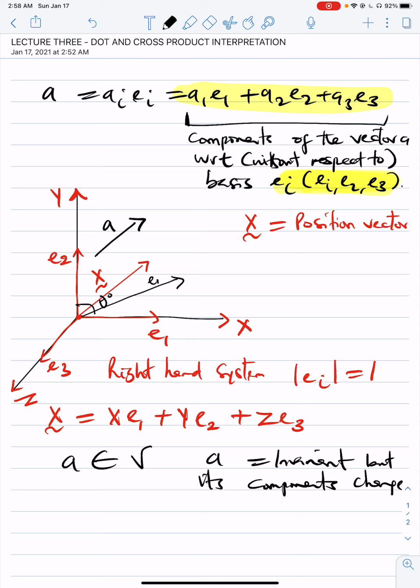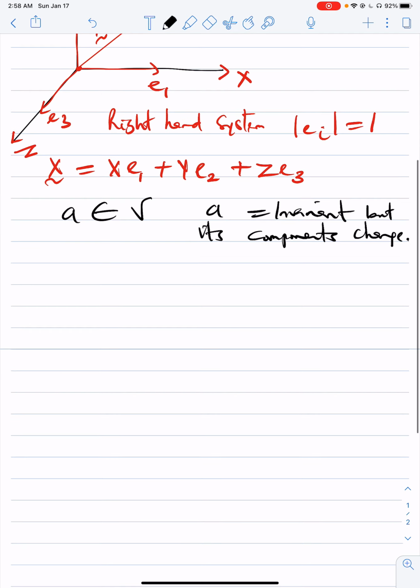At that point, the vector itself still remains the same, but its components have changed. I hope that clears things up. But let me remove this so that in case you get to see the PDF, you can understand what I was driving at. So A is invariant, it does not change, but its components change, and they change with respect to the basis vectors.